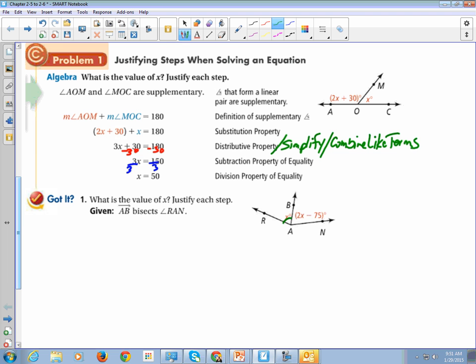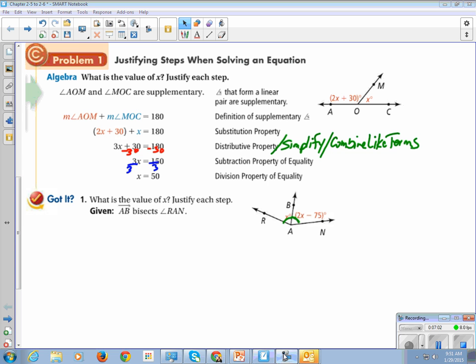So we know that this angle is congruent to its buddy angle. If we're given that ray AB bisects RAN, then we can say angle RAB is congruent to which angle?